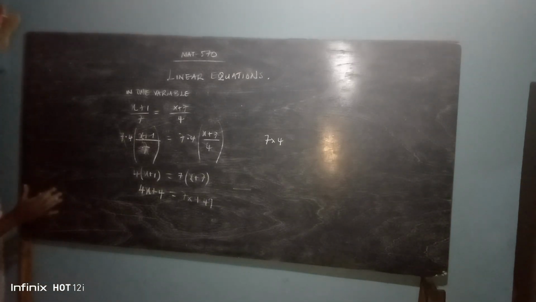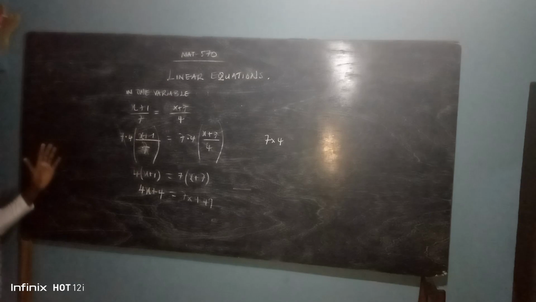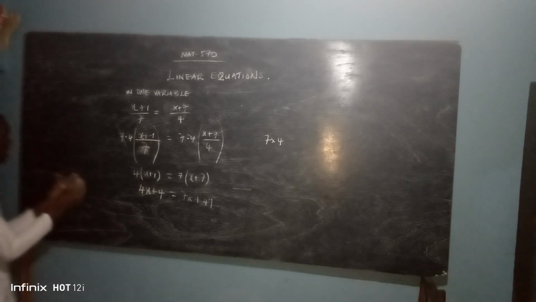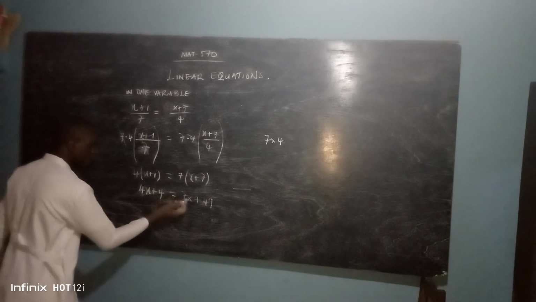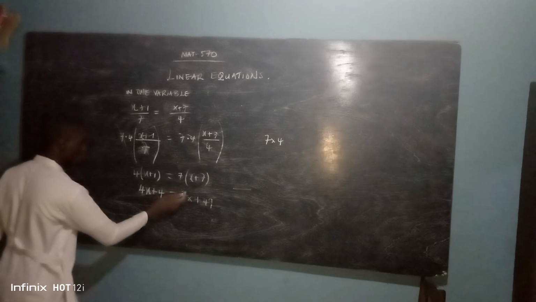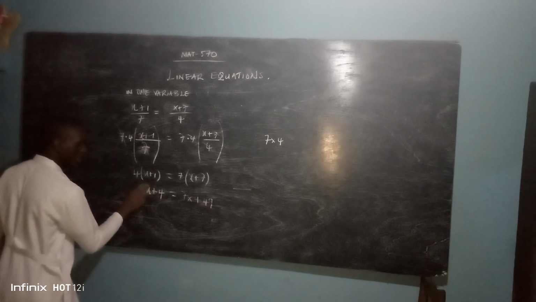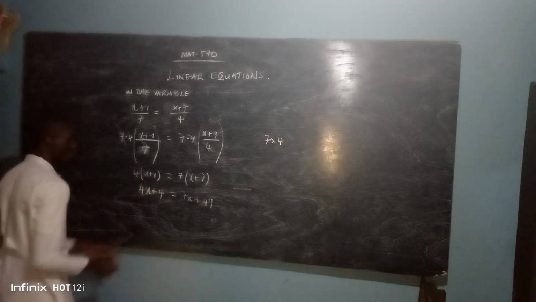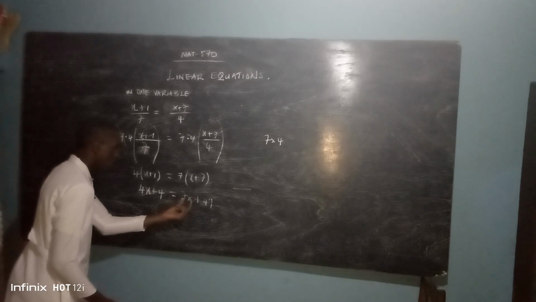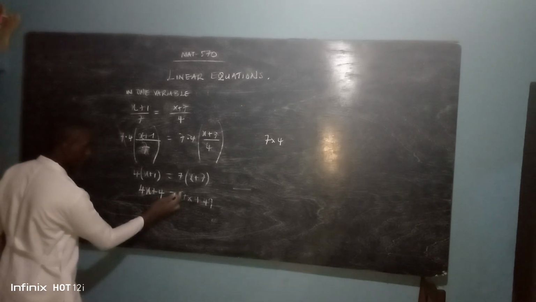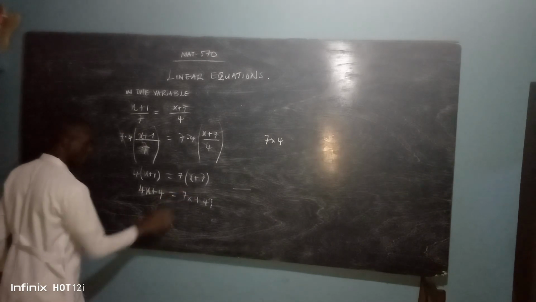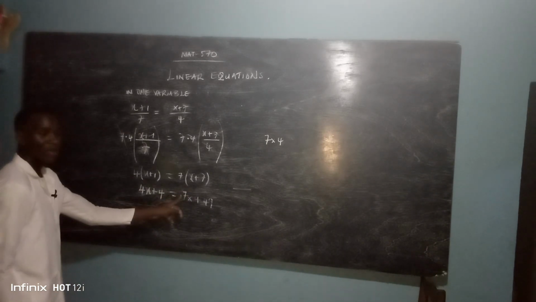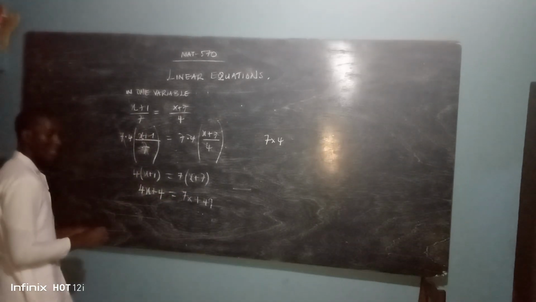Now from here, the next thing is to move all the terms containing the variable to one side, the left hand side of the equation. So since 7x is this way, I'll have to transfer it this way. So I'm going to subtract 7x on both sides. Remember, it is positive because it is not written with a sign. Anything without a sign is considered positive in mathematics.